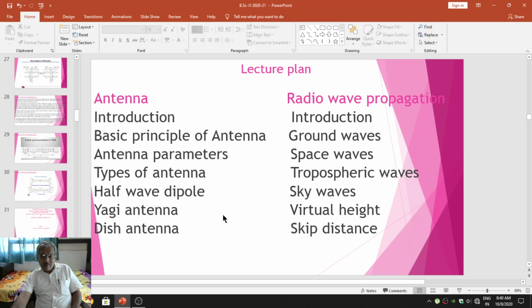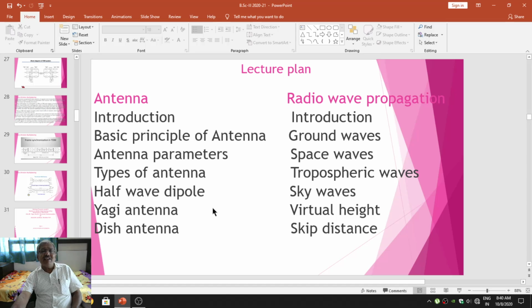Friends, the half wave antenna is the basic antenna. The Yagi antenna nowadays is not seen at all, but some 5 to 10 years back, the Yagi antenna was efficiently used to receive the television signal from the television transmission center on our television set.